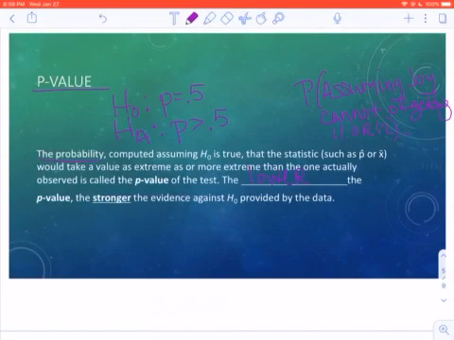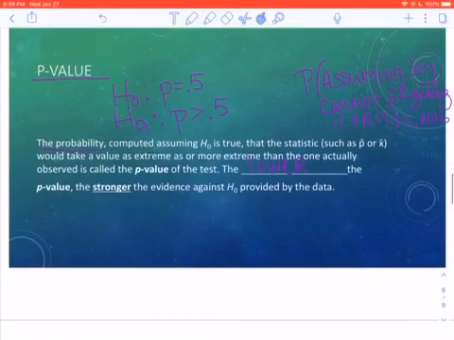We ended up with basically 0.0036. So that's highly unlikely if she was just guessing. That was a very low p-value, and that's strong evidence. So the lower your p-value, the stronger your evidence.